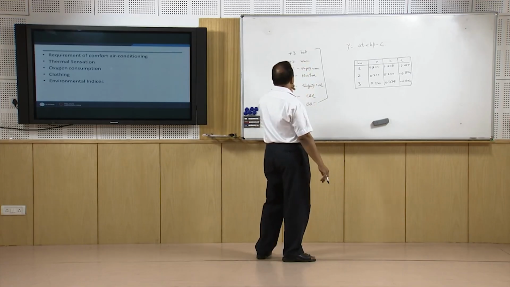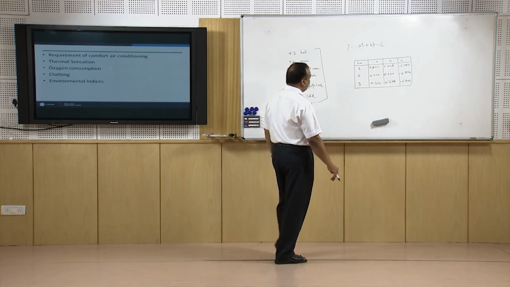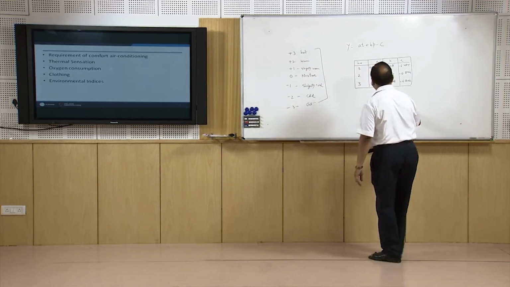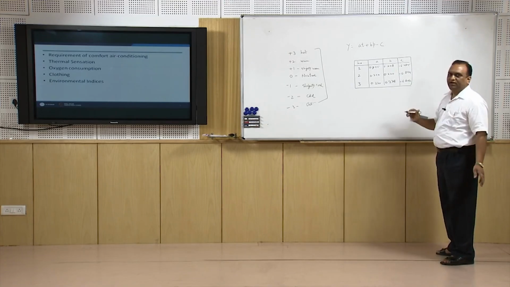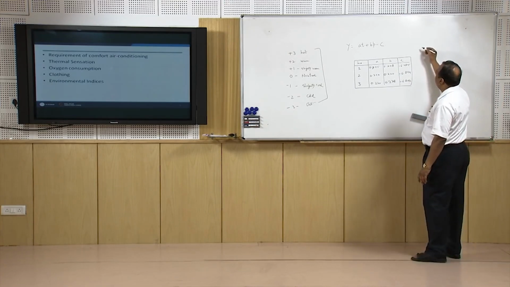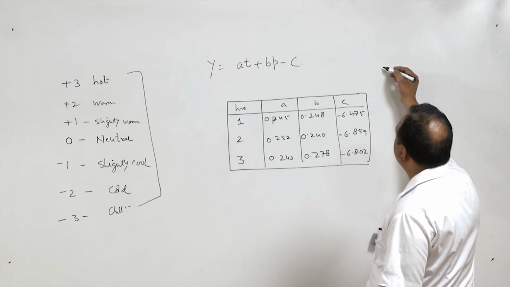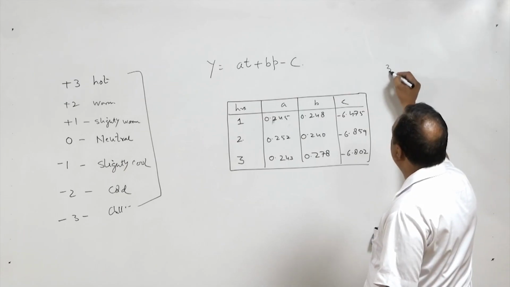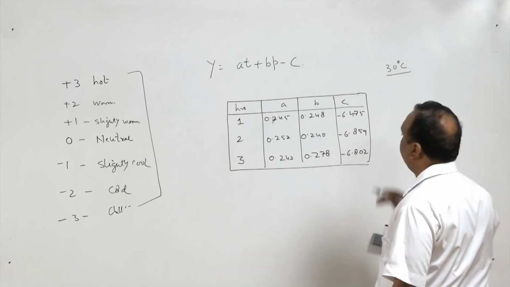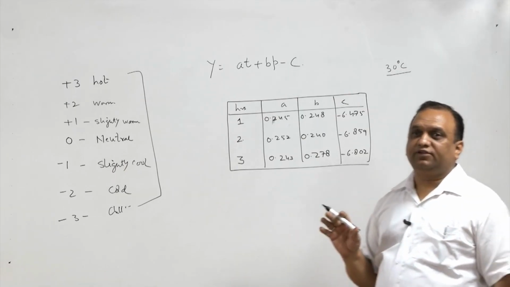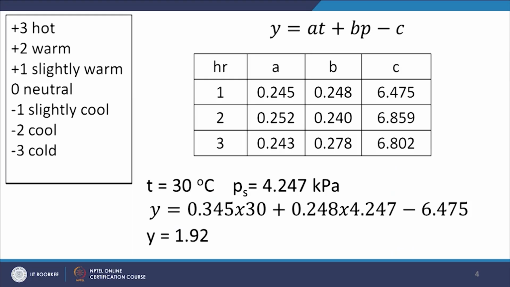Now suppose somebody is exposed to an atmosphere. Now we can take the conditions. Suppose an individual is exposed to the atmosphere at let us say 30 degrees centigrade. Now if somebody is exposed to 30 degrees centigrade, the feeling of warmness or coldness will also depend upon the relative humidity. I mean, temperature is not the only governing factor.